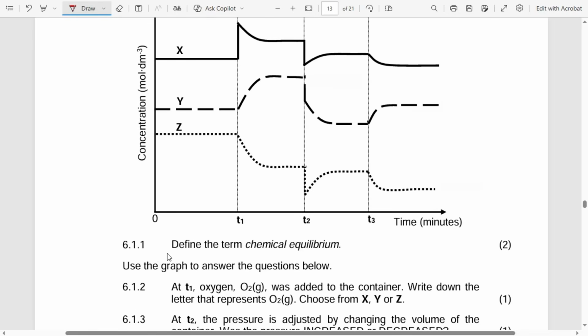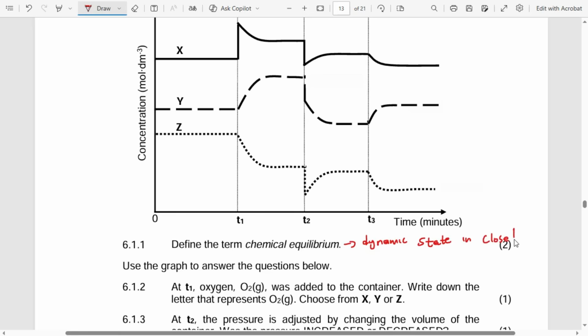So we say that chemical equilibrium is a dynamic state in a closed system where the rate of the forward reaction is equal to the rate of the reverse reaction.